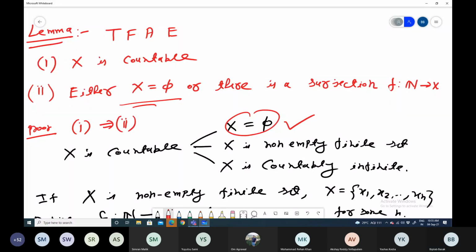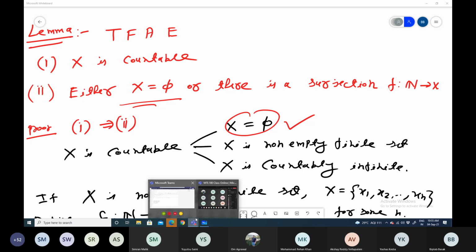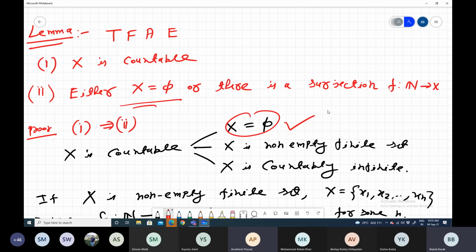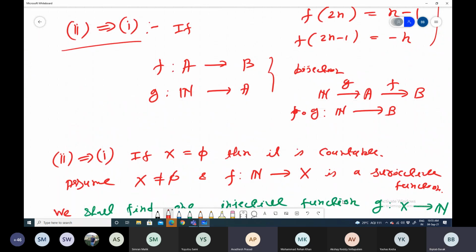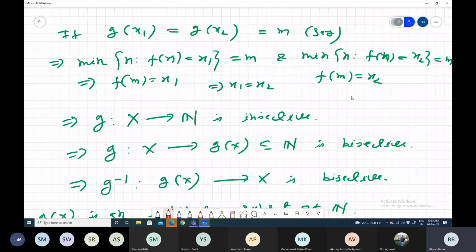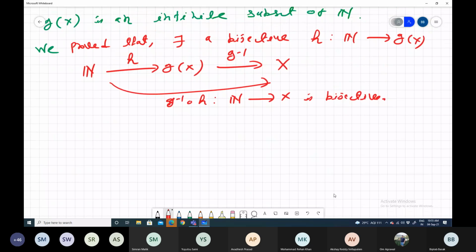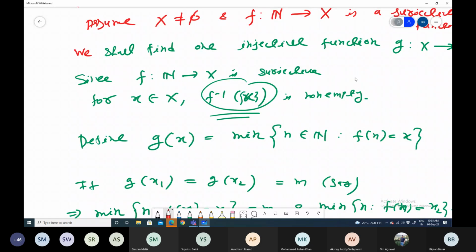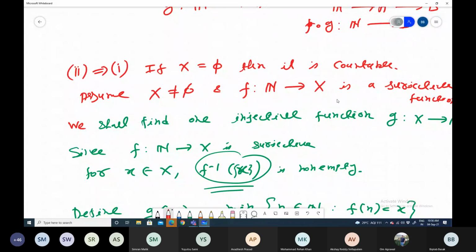g(X) may be a finite subset, right? No, here we have already proved that it is infinite, right? So the finite case we have already. In the second, we do not take the infinite case. f from N to X is surjective, we have just supposed it.